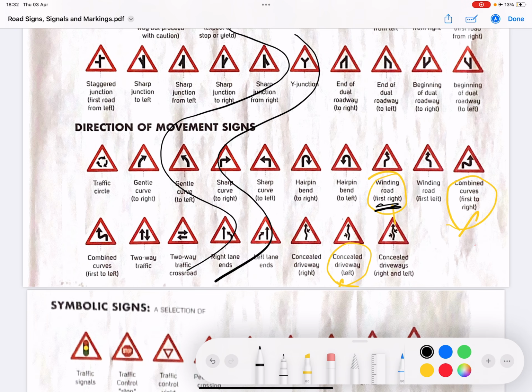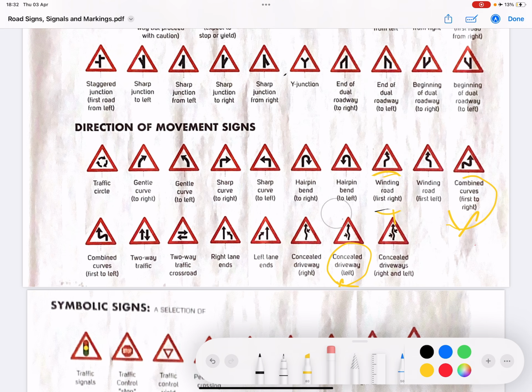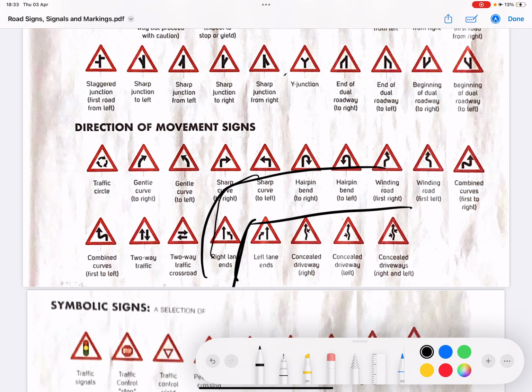Okay? This is the winding road. It's not the same as the combined curves. Combined curves, that means you will firstly find the first curve. After that curve, you find another curve. So this one is combined curves, two combined curves.